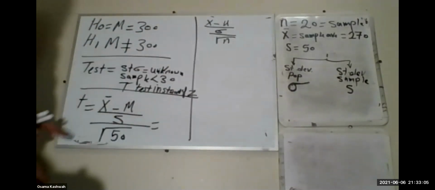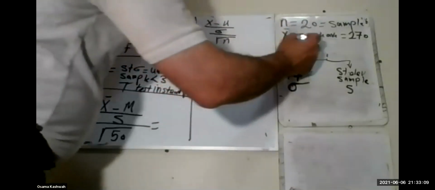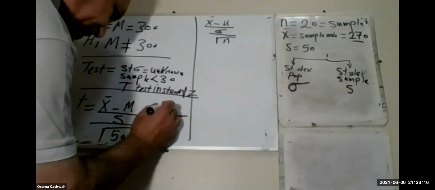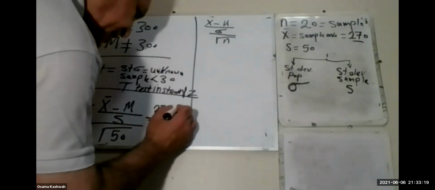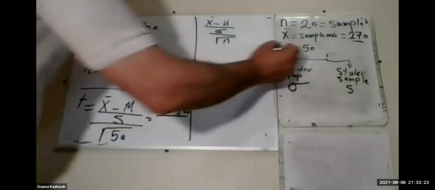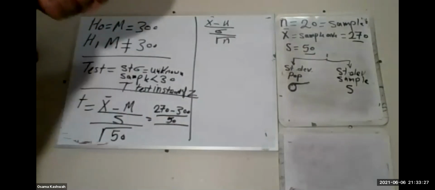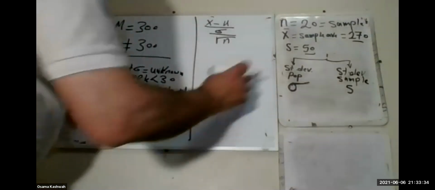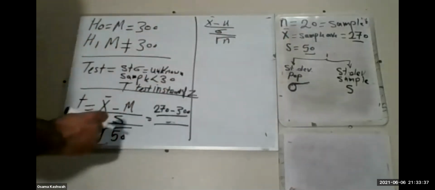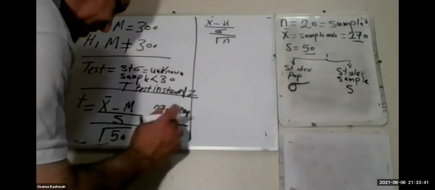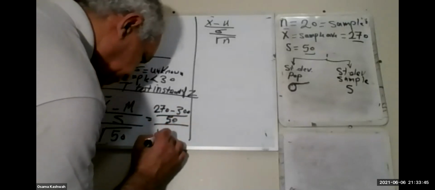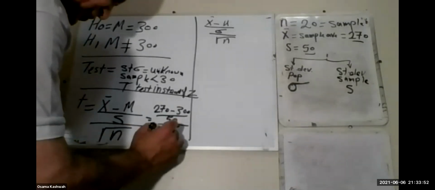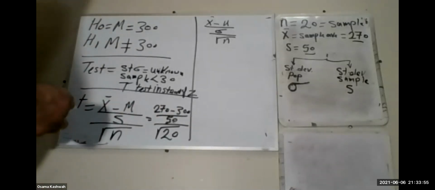So when you substitute, X bar is 270, minus mu, which is 300, divided by S. Sorry, the S is 50, and the sample size is 20, so the root of 20.